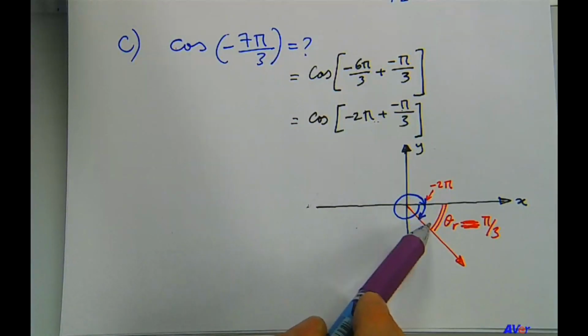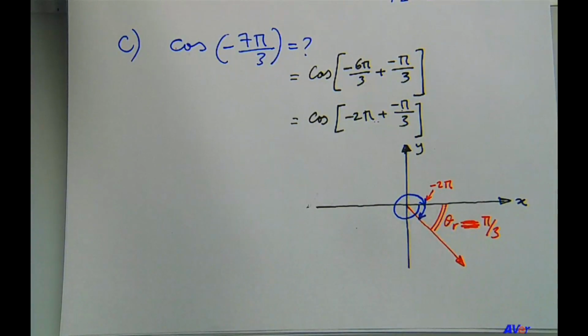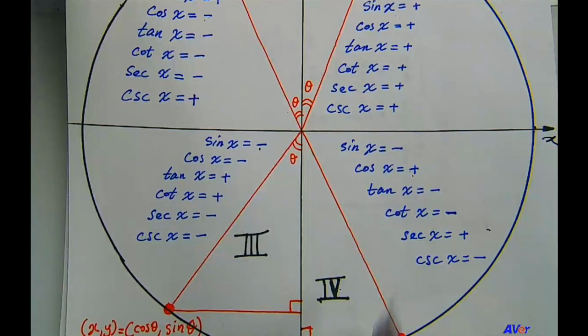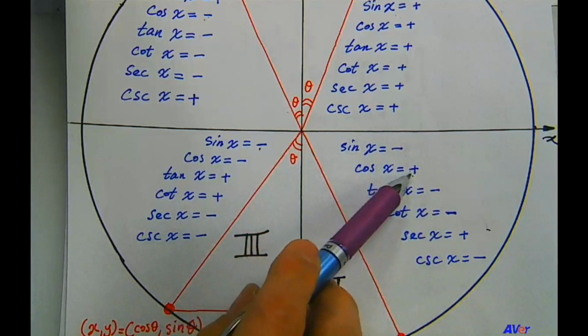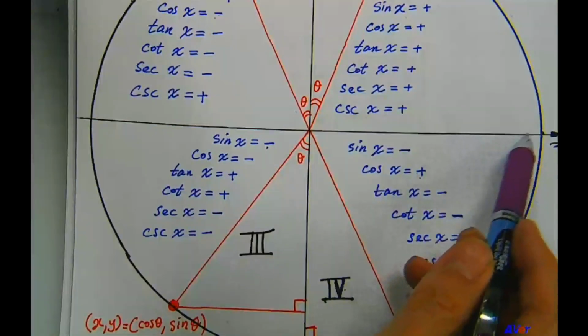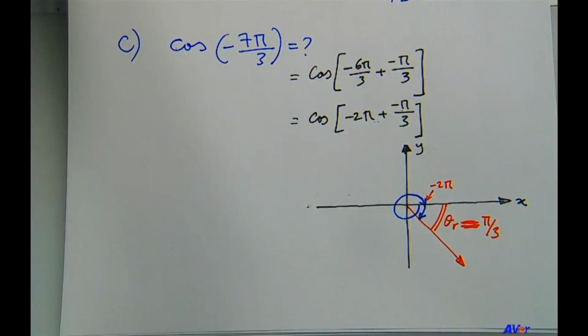But it's in the fourth quadrant, and in the fourth quadrant, cosine values are positive. That's where this comes in handy. Cosine is positive because cosine is related to the x value in any quadrant. We'll get to that in more detail when we get to polar coordinates. So we have positive 1/2.